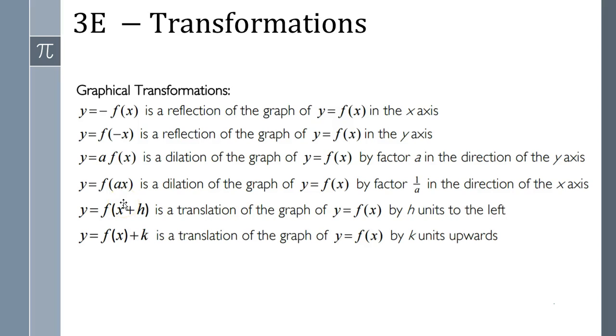Okay, these ones up here reflect it, so they kind of flip it over, turn it around. These two here are dilations, so they're how steep it is, or how flat it is. And these ones down here are moving it to the left and the right and up and down. Okay, so they don't alter the graph, they just move it around. These top two flip it around, and the middle two make it steeper or skinnier, that kind of thing.